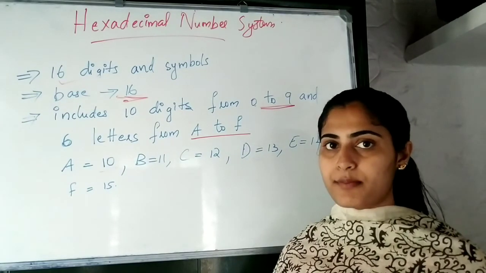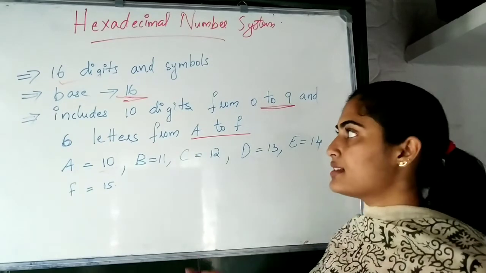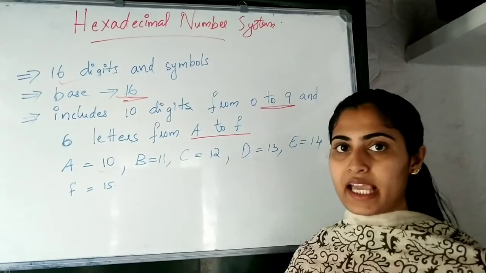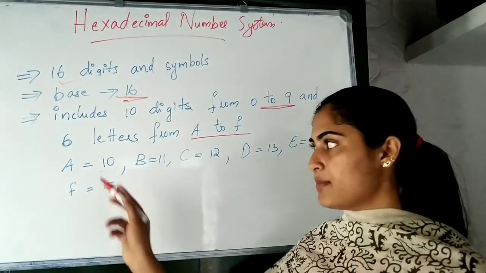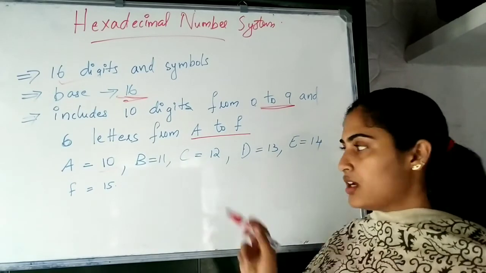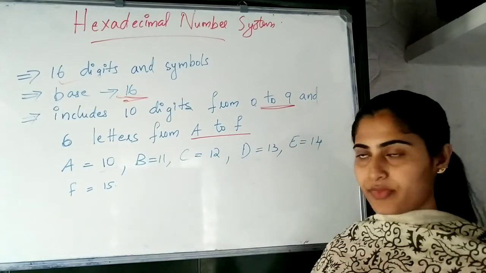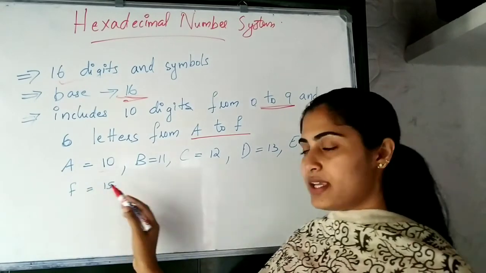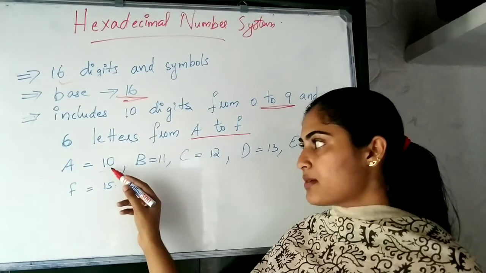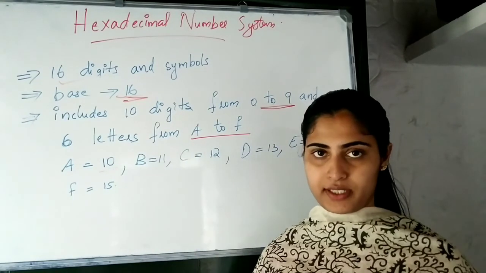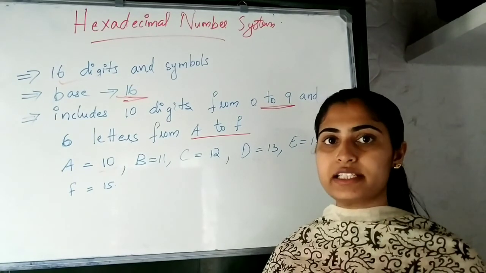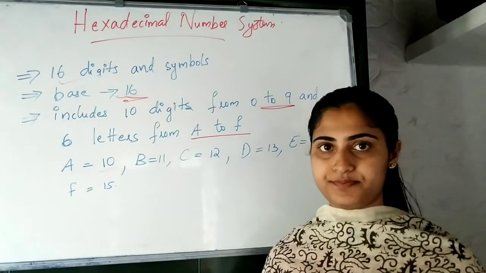The first 10 digits are from 0 to 9, and the rest are letters from A to F, which are represented by the numbers 10 to 15.